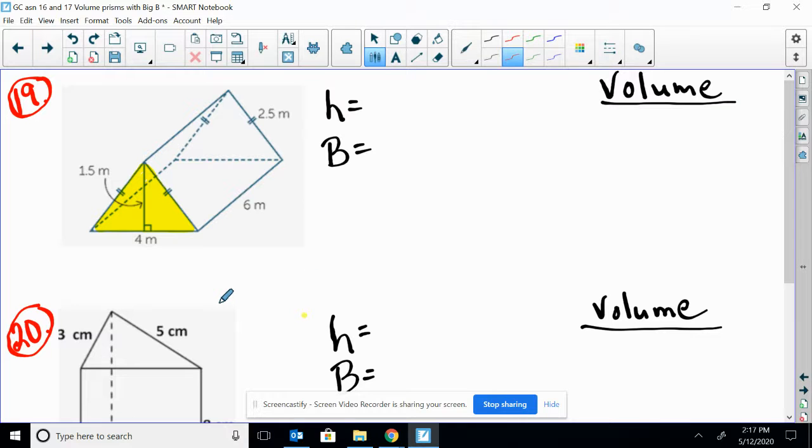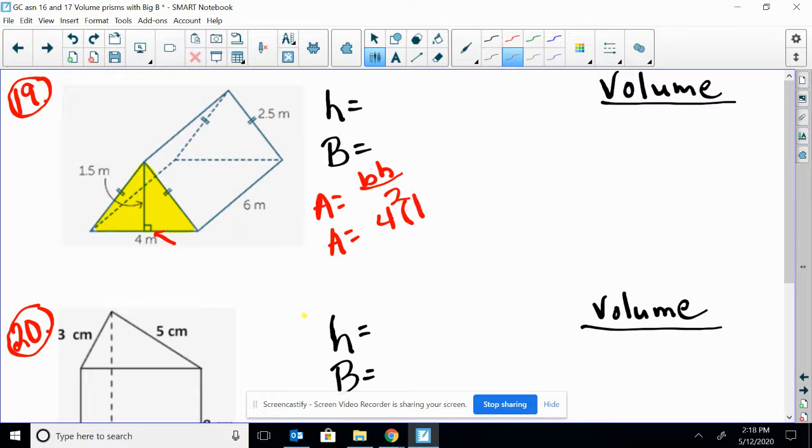Okay, now we have a triangular prism. Another one, we're finding our big B. So we know the formula to find the area of a triangle is base times height divided by 2. We find our little right angle right there. And so we know our base is 4.